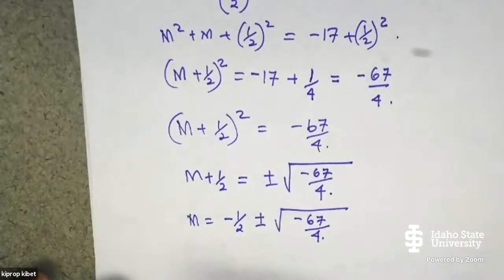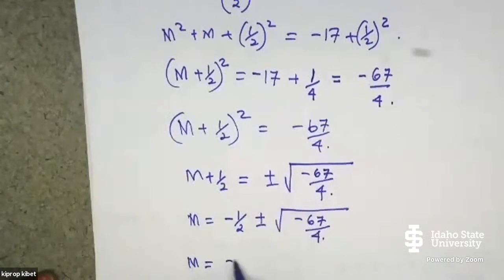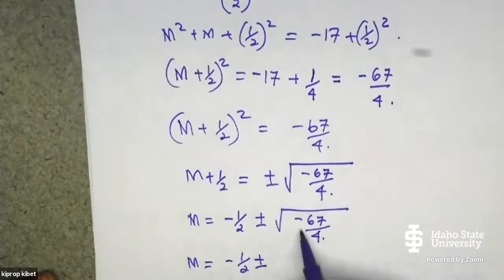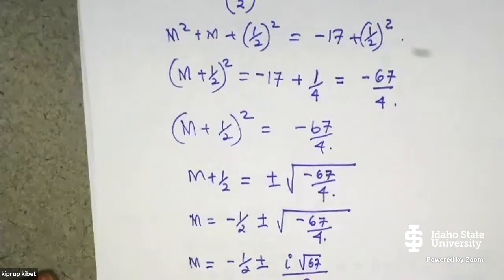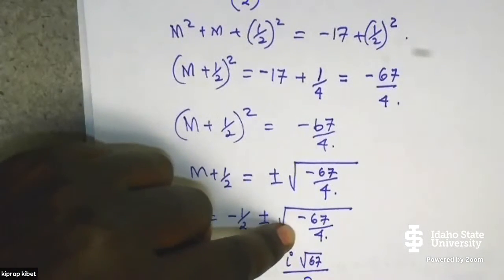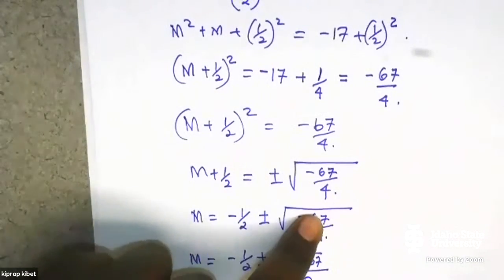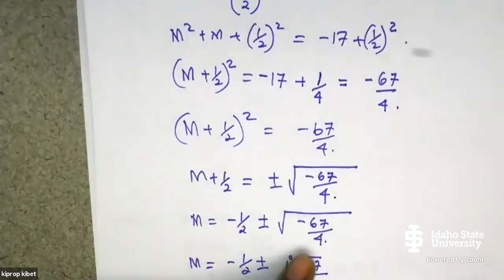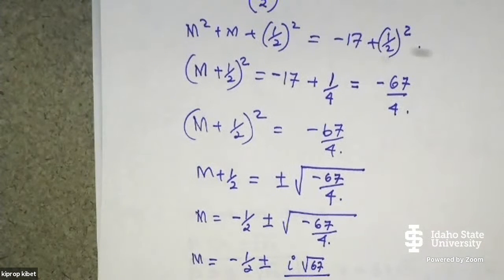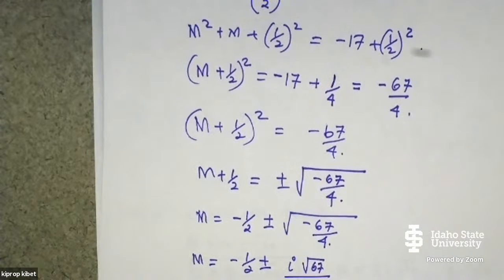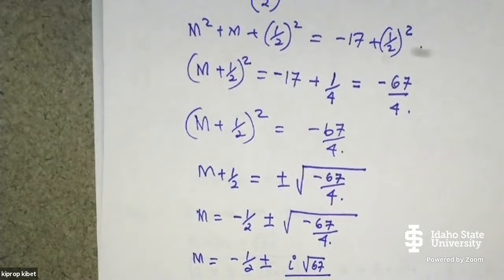So this is basically m equals minus 1 over 2 plus or minus the square root of negative 1, the square root of 67, which we don't know, divided by the square root of 4, which will now be 2. This is our final answer.